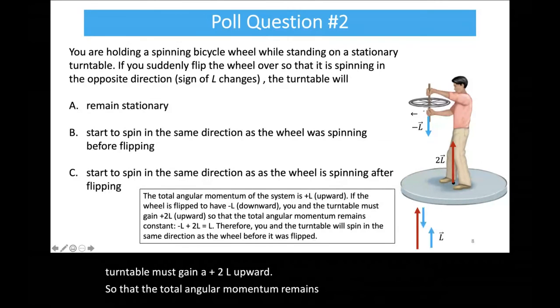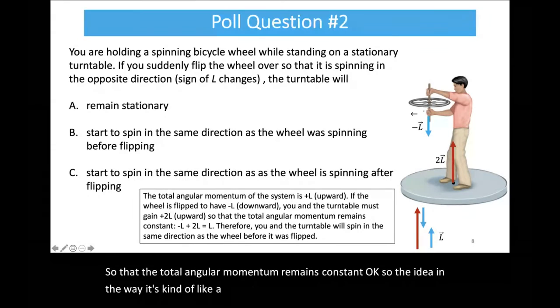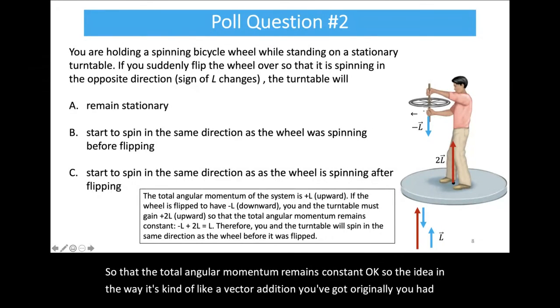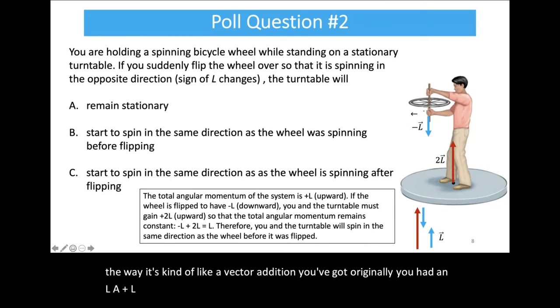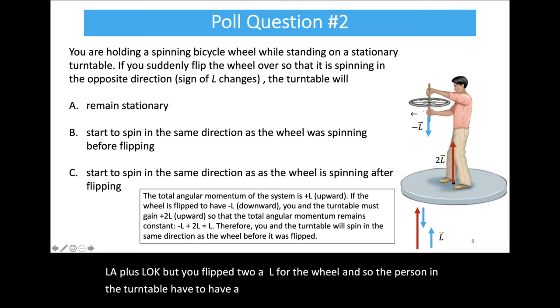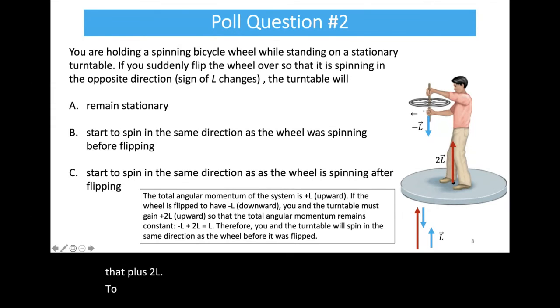In a way, it's kind of like a vector addition. Originally you had a plus L, but you flipped to a minus L for the wheel, and so the person and the turntable have to have a plus 2L to compensate, so that when you add that plus 2L to minus L, you end up with what you started with.